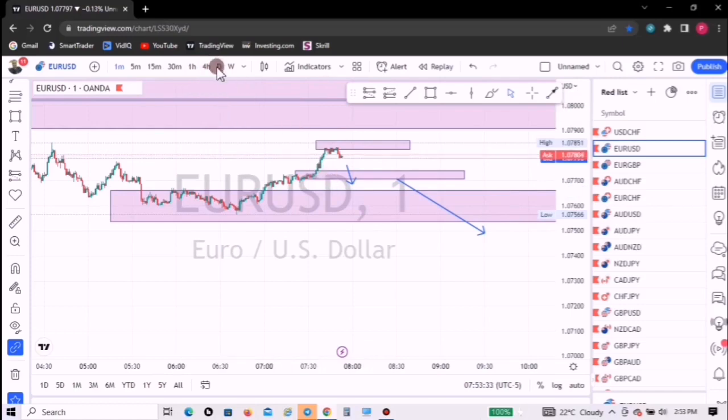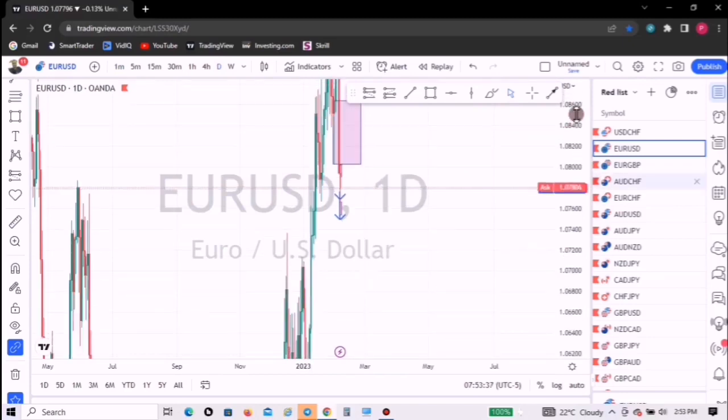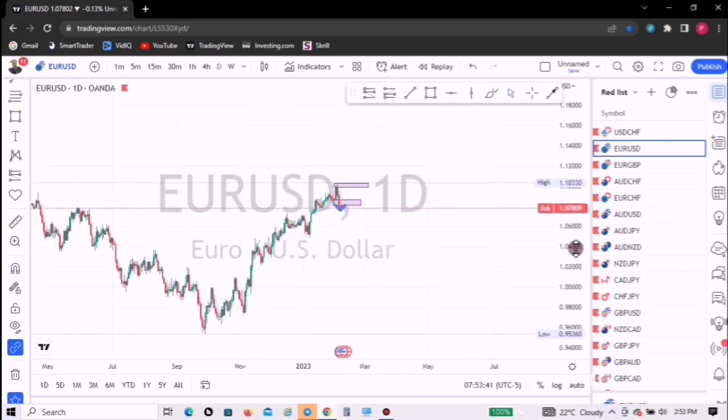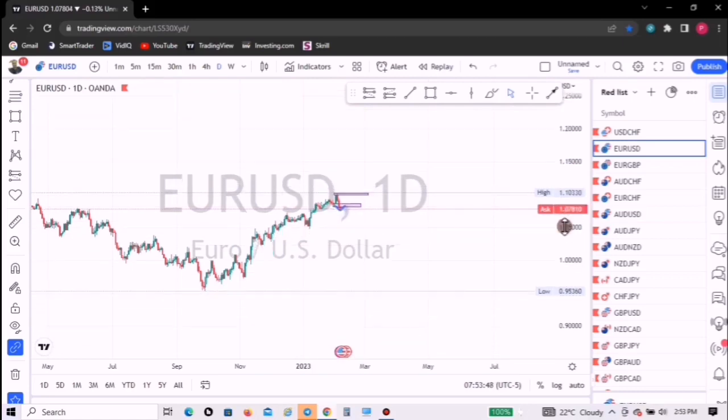Since you are looking to sell, you just check on the daily time frame to see what is happening, just to have an overview. Okay, price is on an uptrend and it is showing you sell opportunities on the smaller time frame.